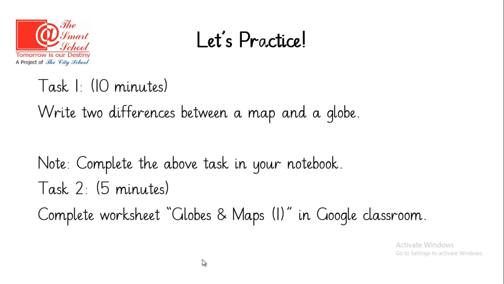In one column, you are going to put the heading of map, and the other column you will be writing globe. And then you have to write 2 differences. You will be writing the characteristics of maps in the column of map, and in the column of globe you will be writing the characteristics of globes which make it different from the map.